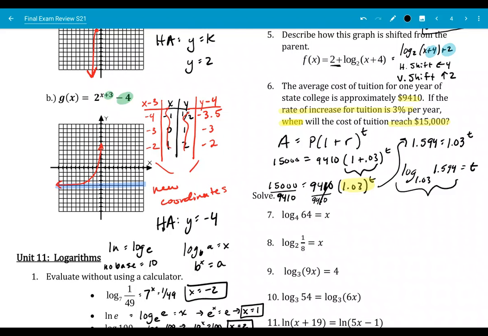Plugging that into a calculator real quick, sorry about that, I was getting my calculator. Log base 1.03 of 1.594. So t is going to equal 15.7735. So I'll just say 4.